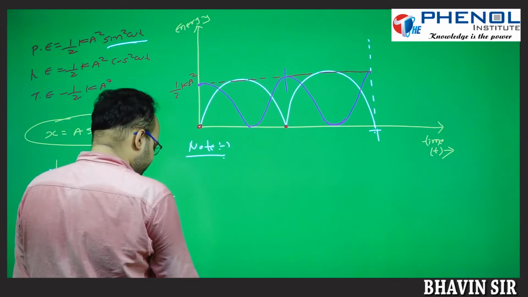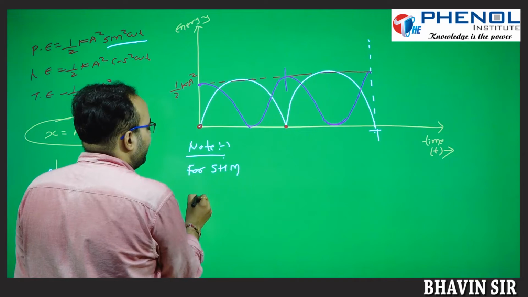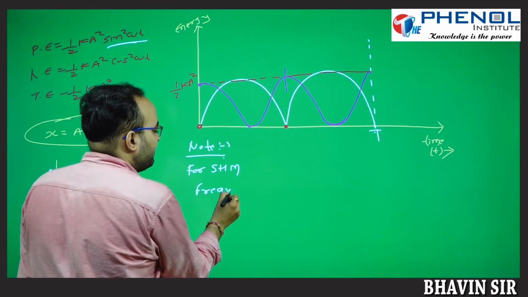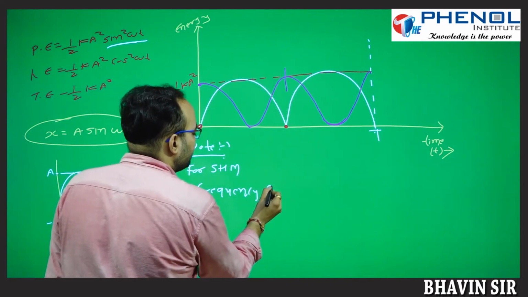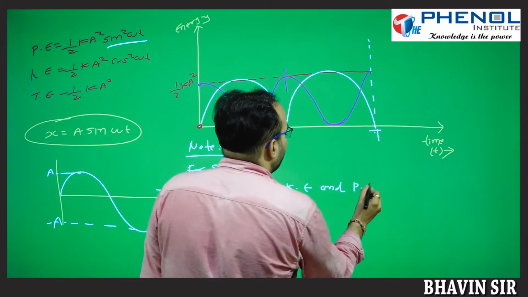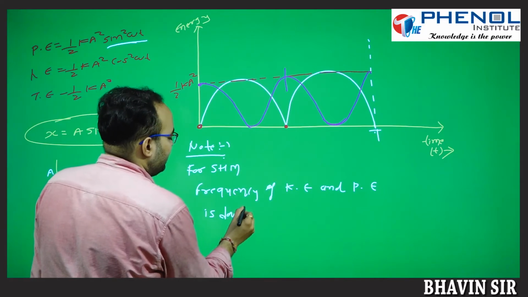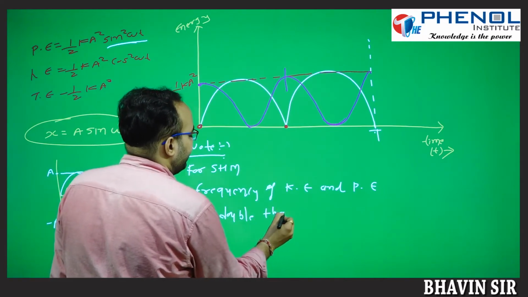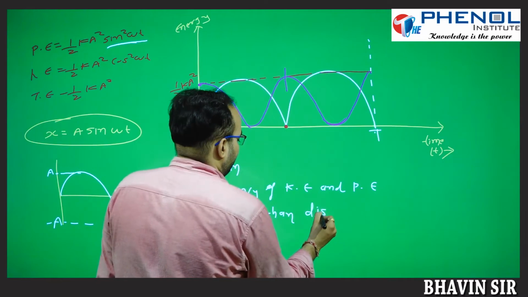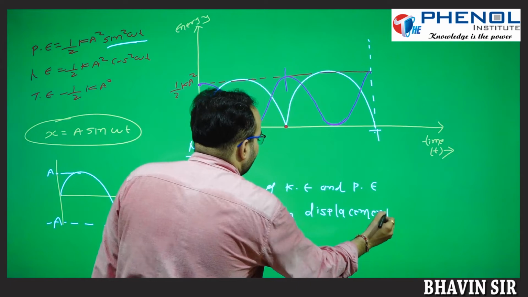For SHM, the frequency of kinetic energy and potential energy is double that of displacement. Frequency is double than displacement.